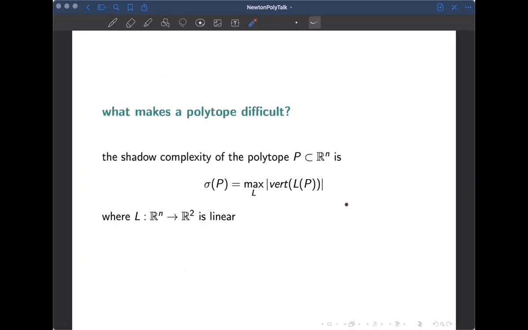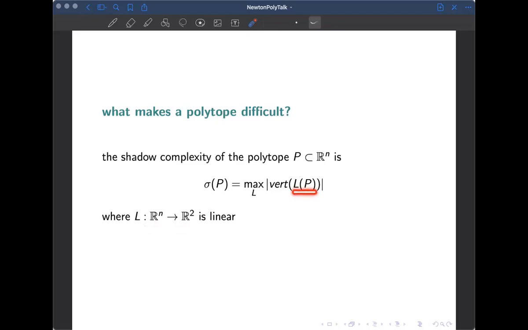When we translate to the geometric side, we need to somehow discuss the complexity of a polytope. So here we made their suggestion explicit. Here is the underlying complexity measure that they suggested to study. We call it the shadow complexity of the polytope. It is defined like this. We have the polytope P. We can take a linear map from R^n, where P lives, to the plane, and project the polytope onto the plane.